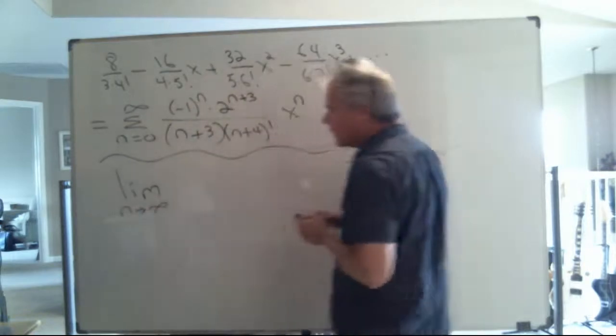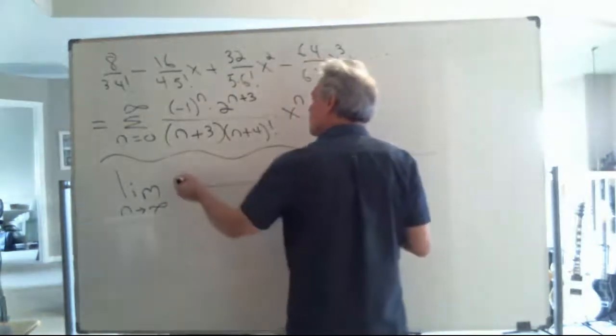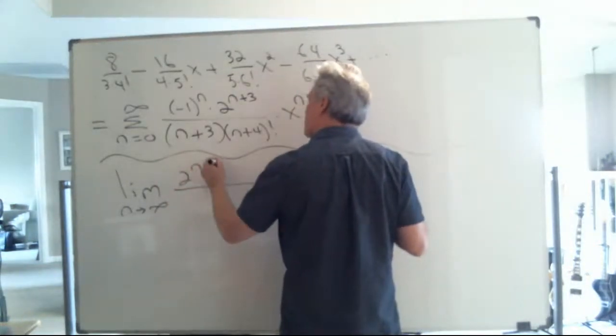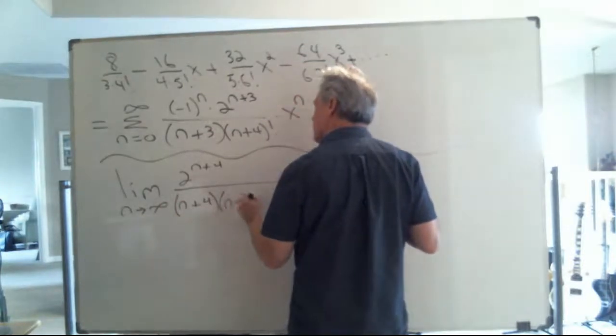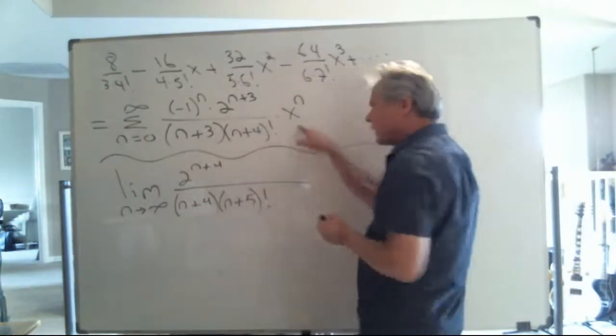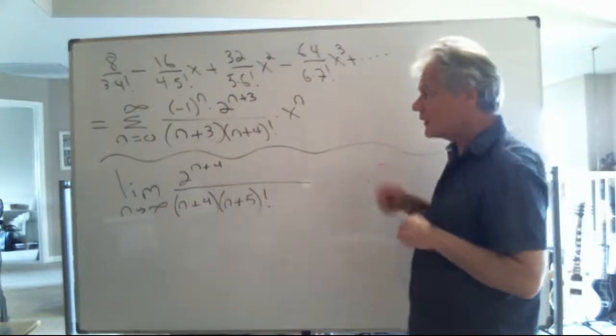So the absolute value of the n plus first term gives me this. Neglecting that factor, the reciprocal of the nth term gives me this in absolute values.